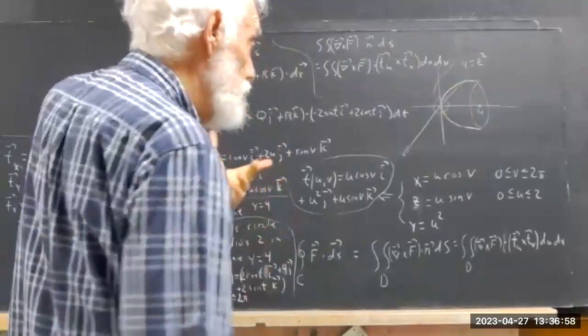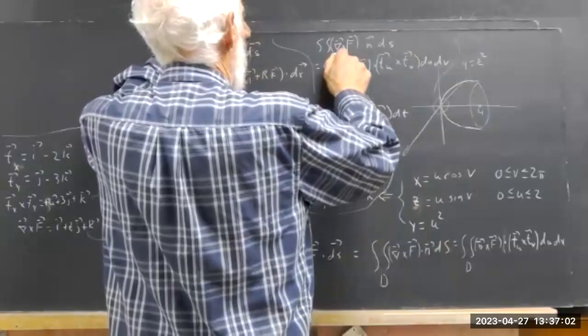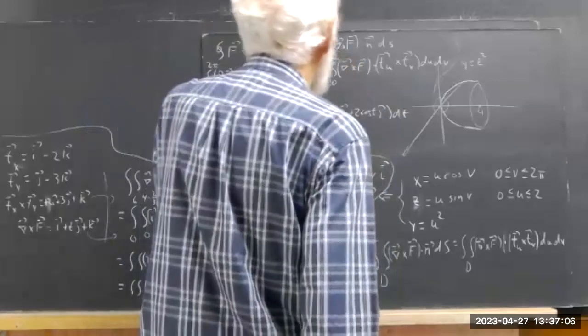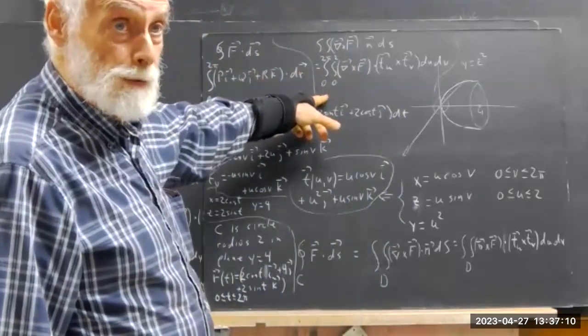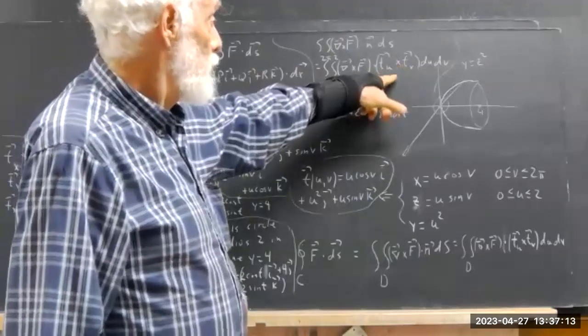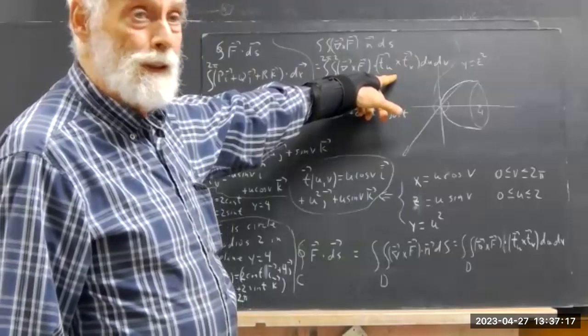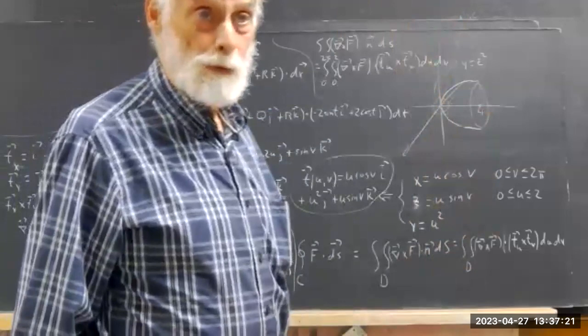What are your limits? Well, u goes from 0 to 2, v goes from 0 to 2π. This would be a rectangular region in uv space. This is what you multiply by that rectangular region to get the area multiplier, if you wish.